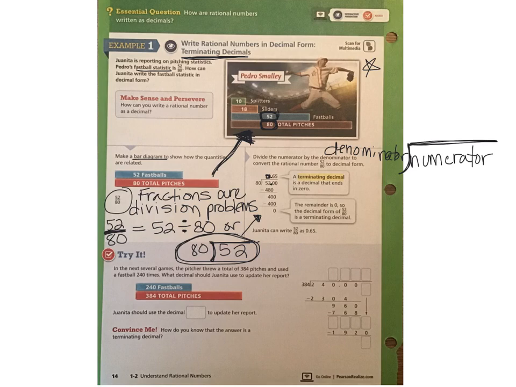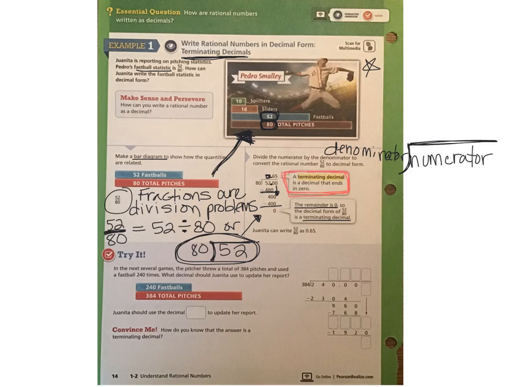So now we have to do 80 into 520, and the answer is 6, and 6 times 80 makes 480. And when you subtract, you get a leftover of 400. Then that second 0 here in the problem is brought down, and 80 goes into 400 5 times. 5 times 80 is 400, and when you subtract, you get 0. Anytime you have a remainder of 0, you have a terminating decimal.